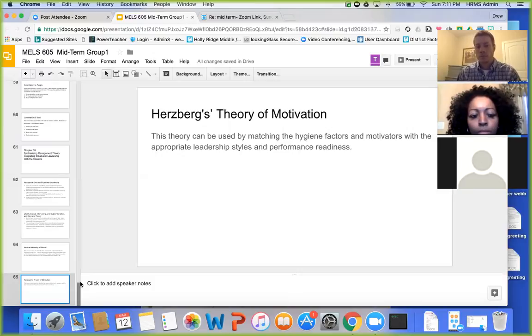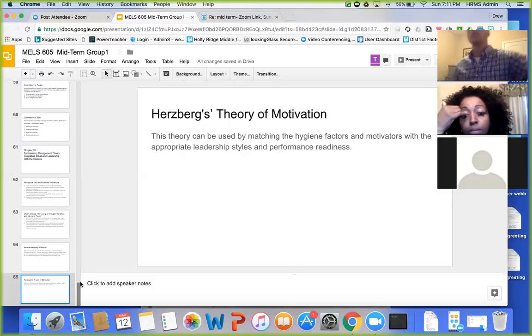Okay, the next one is personality theories. Personality theories such as the DISC or the social styles can be woven into situational leadership. We can also integrate personality types or styles with situational leadership.